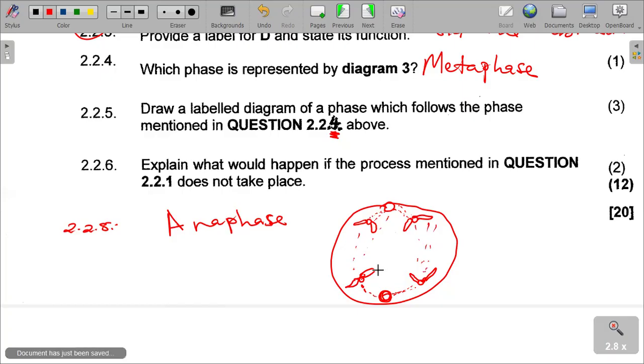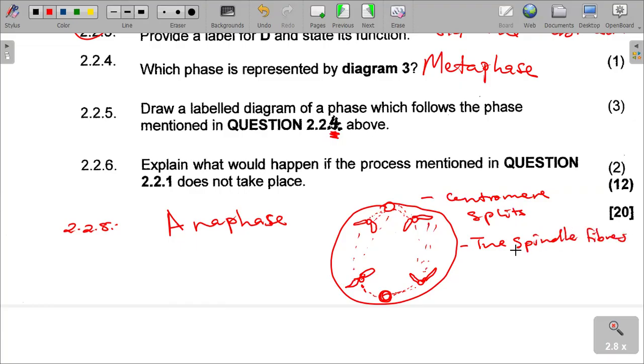In this case, the centromere splits, and then the spindle fibers pull the chromatids of each chromosome apart.